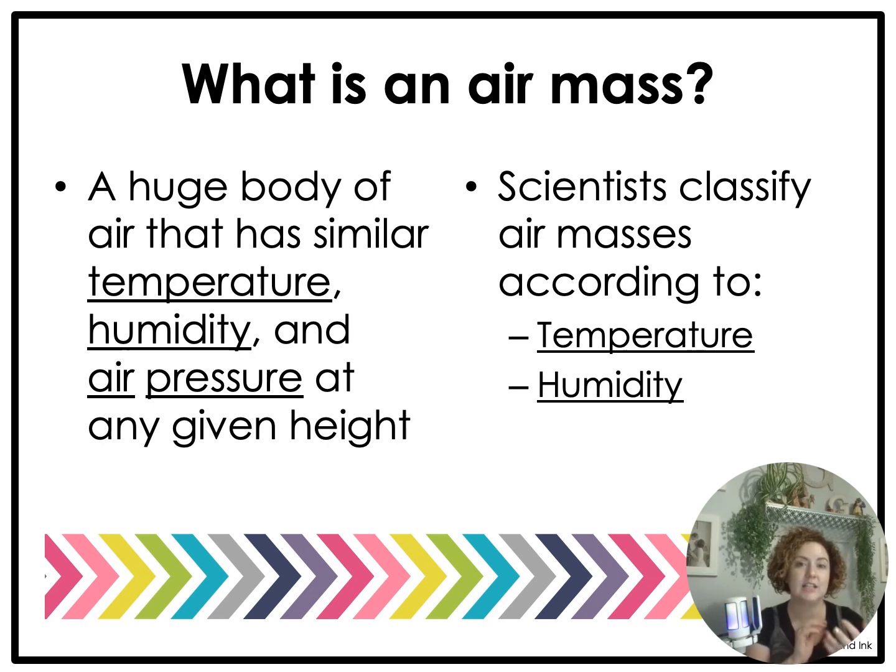Scientists classify these air masses according to their temperature and their humidity. Air pressure isn't taken into consideration when identifying the air masses, but the temperature and the humidity are. This is where we get our Arctic, our polar maritime, our polar continental, things like that.